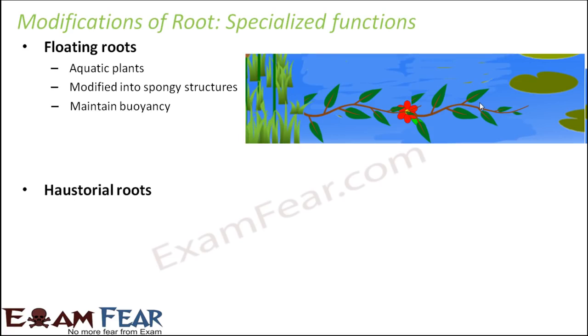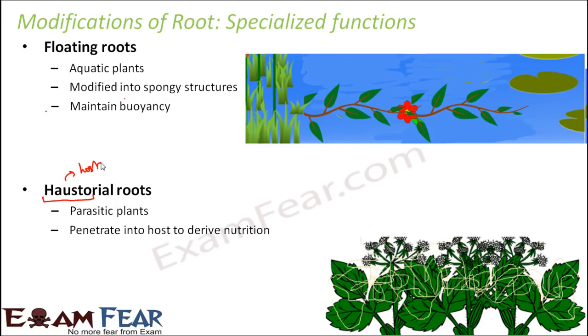Now let us look at the last modification, the haustorial roots. The term haustorial is related to host. You all know about host and parasite, right? So these are parasitic plants. How are they parasitic plants?